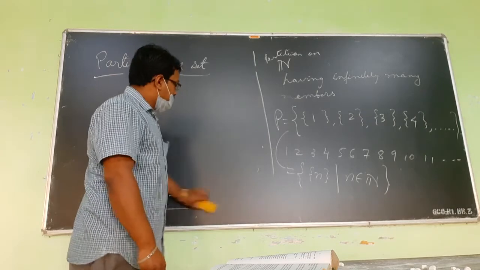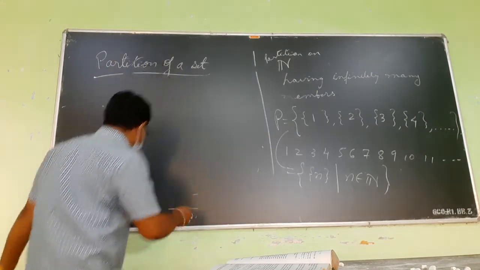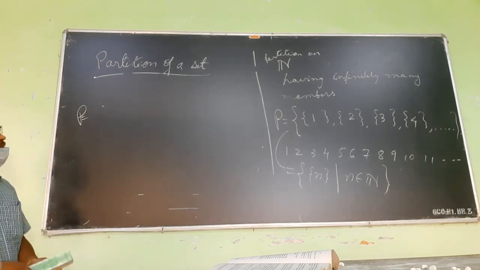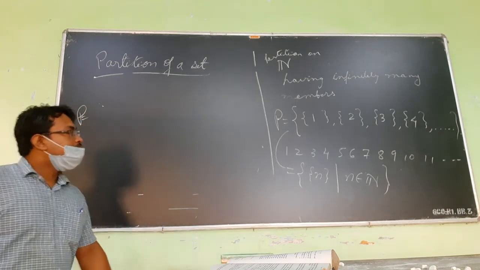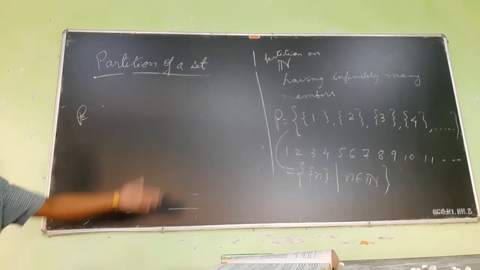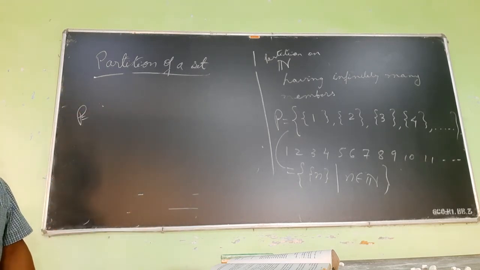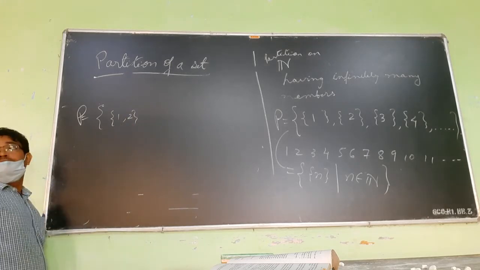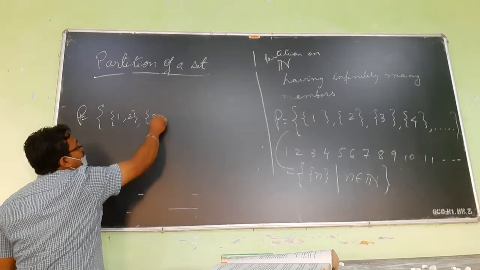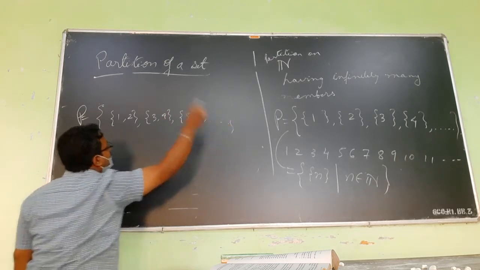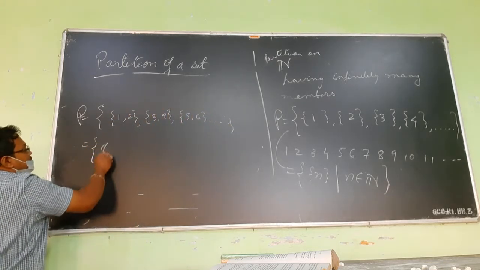What is the idea? Another one. Try. Now you can find many over there. What is that? 1, 2. Double put 1, 2, 3, 4, 5, 6. Okay, like that. So there are many partitions. So how will you write this?